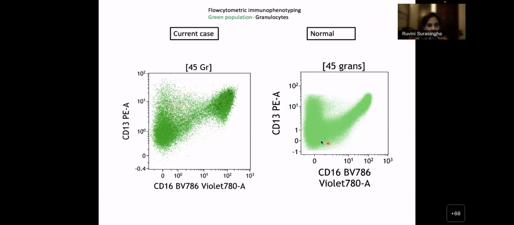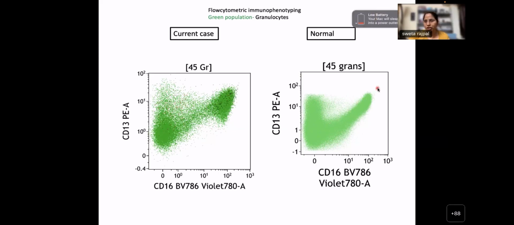Right. So if you see in the 13 versus 16 plot, there is a pattern of maturation in normal. This is also called the Nike pattern. As the cells mature from the promyelocyte stage, they lose CD13 and go to the myelocyte stage.